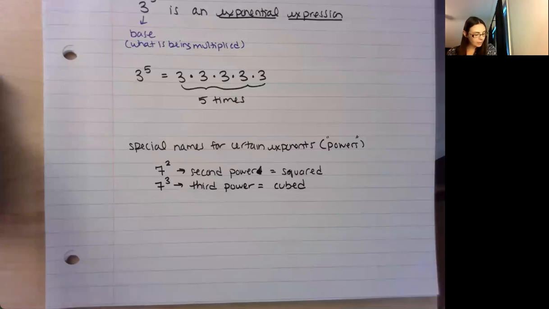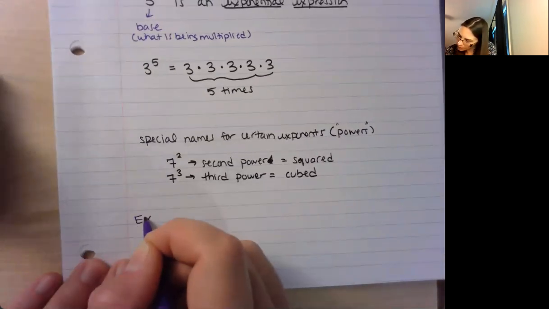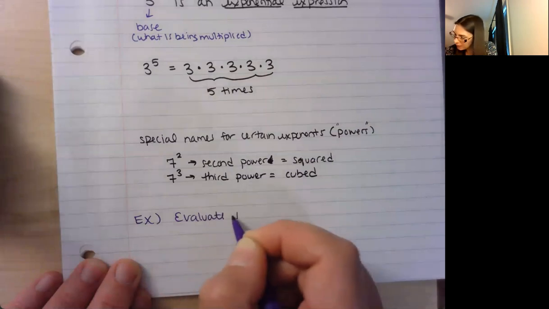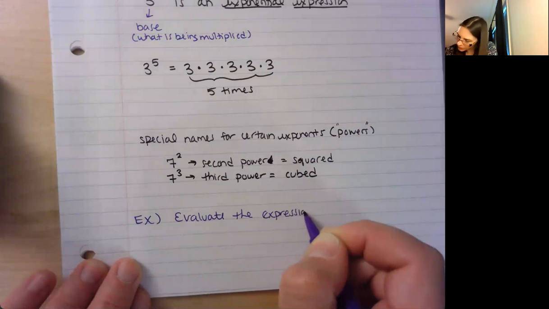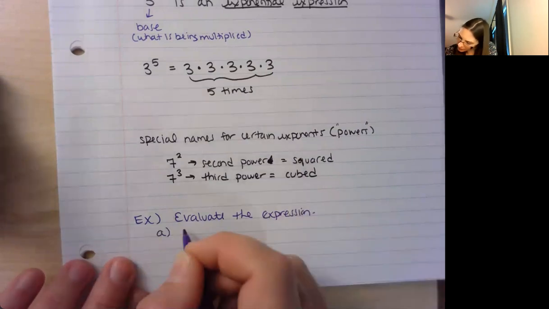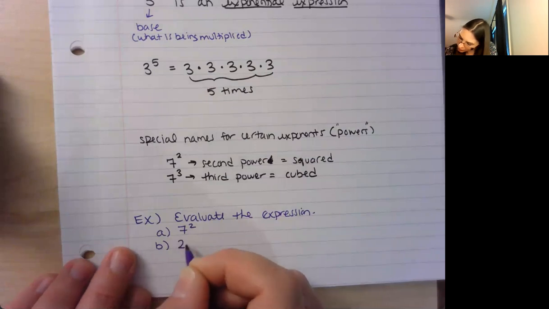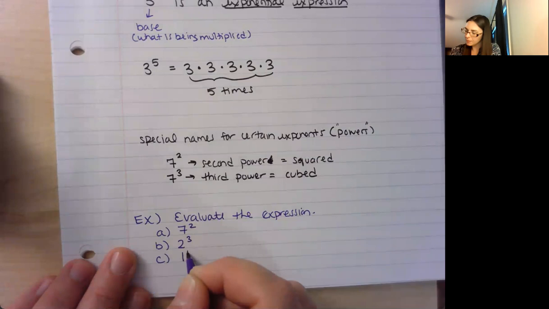And let's just do some examples. Evaluate the expression. So maybe I have 7 squared. Maybe I have 2 cubed. Maybe I have 1 to the 4th power.